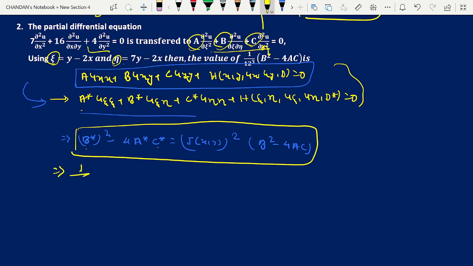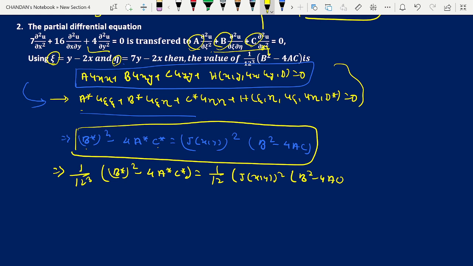Then what we have to find is 1 by 12 cube times b star squared minus 4 a star c star, which is equal to 1 by 12 cube times the Jacobian squared times b squared minus 4ac.